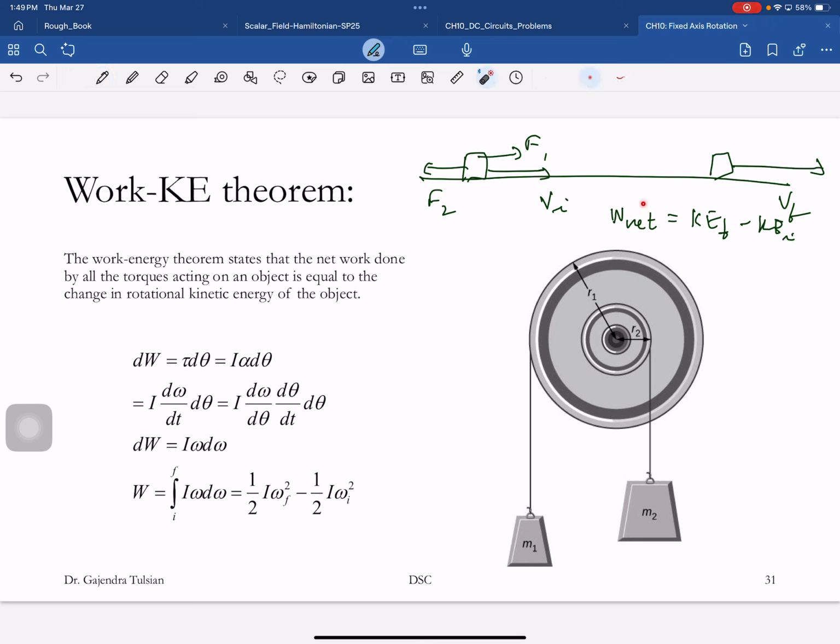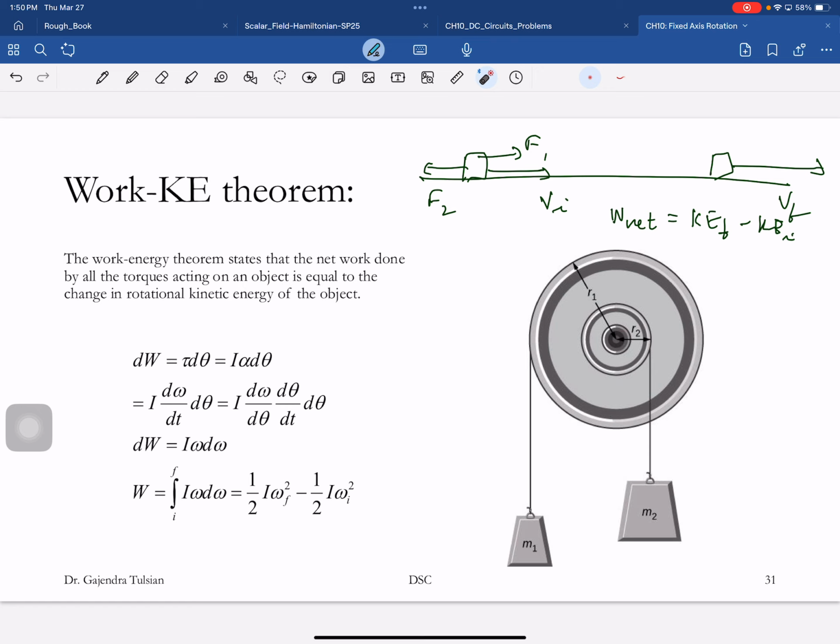That is, the net work done by all the forces is equal to final kinetic energy minus initial kinetic energy. If the net work done is zero, your kinetic energy doesn't change. If the net work done is positive, your kinetic energy increases. When you apply brakes, net work done is negative and kinetic energy decreases.